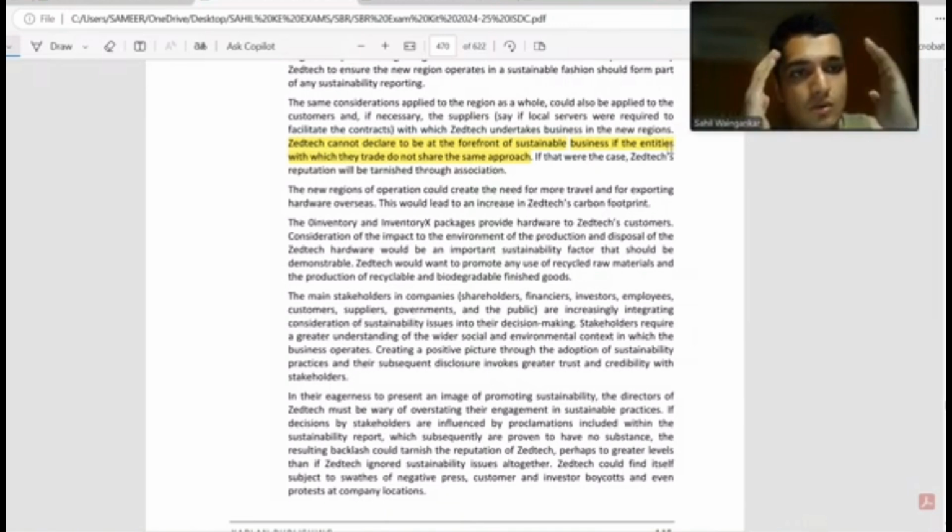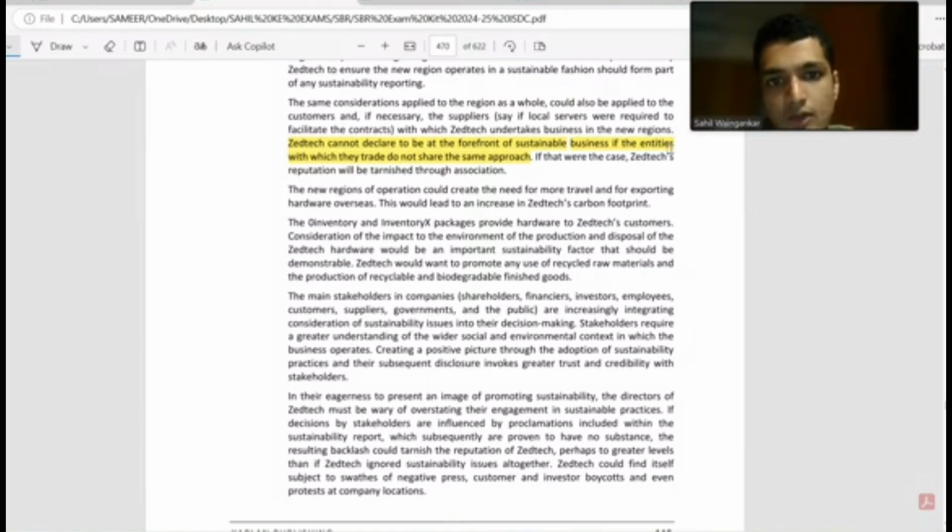The new region of operations could create the need for more travel and for exporting hardware overseas. This would lead to an increase in Zedtech's carbon footprint. The zero inventory and inventory X packages provide hardware to Zedtech's customers.